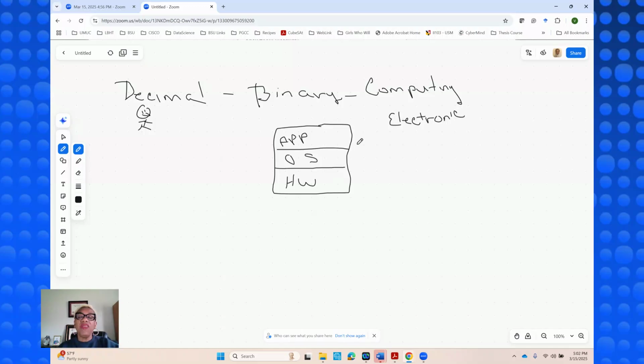Because they run off of electricity only, just like your light switch, can only be on or off. Computers are electronic devices and they can only understand on and off behavior through hardware, and on is represented as the number 1 and off is represented as a 0.